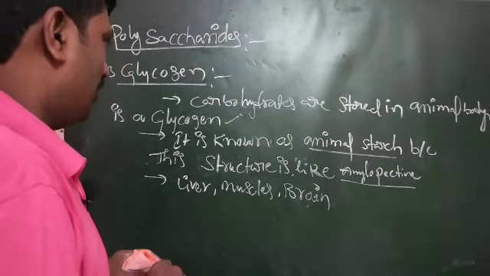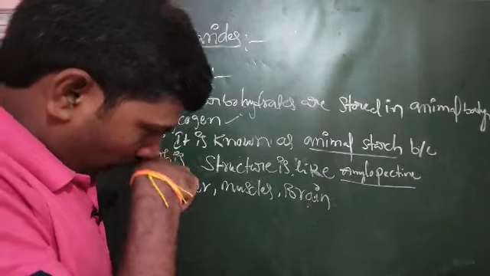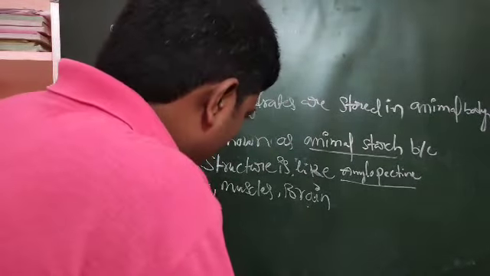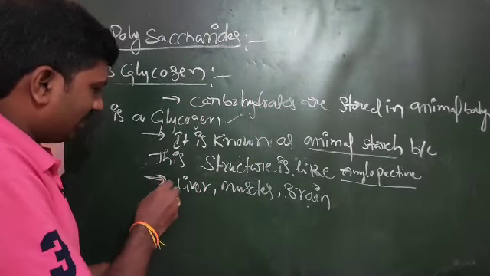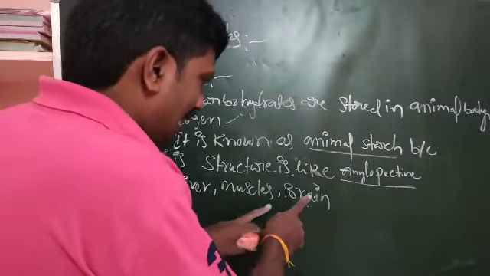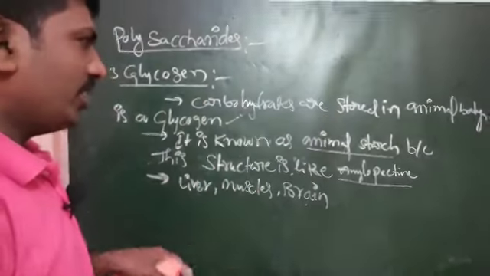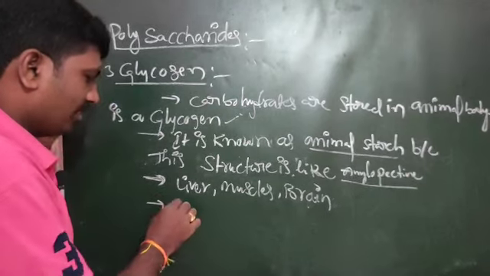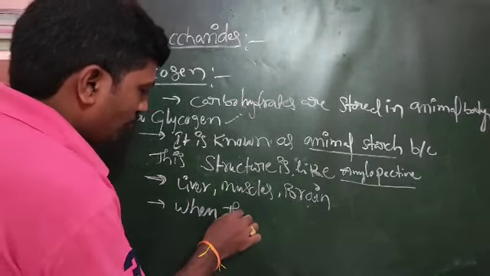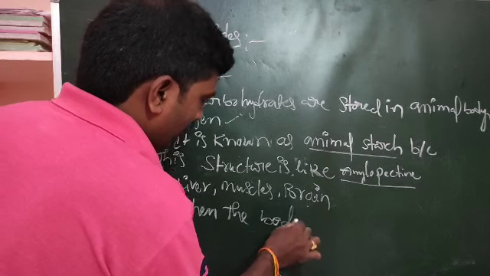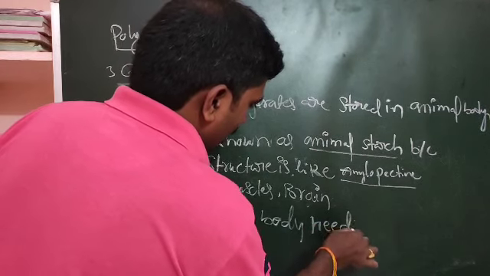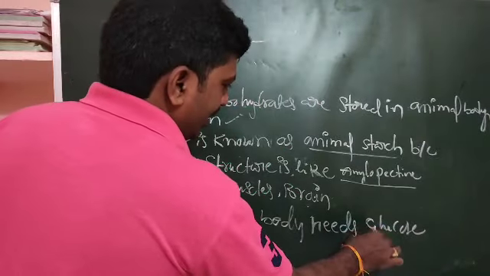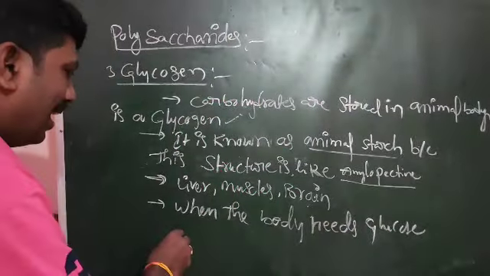That's why we call it glycogen. It is present in liver, muscles and brain. When the body needs glucose, what will happen?